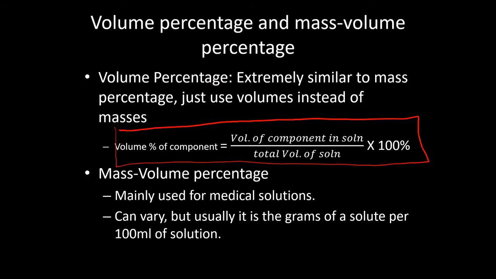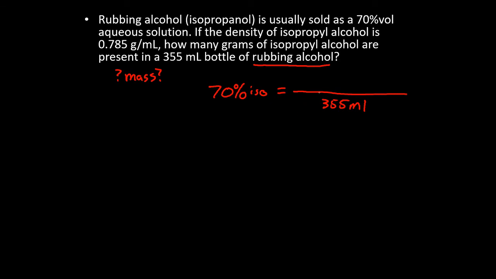The total volume of the solution goes down here. Then the volume of just the thing that we're looking for would be this part here. This would be the volume of isopropyl alcohol. Then we have it times 100%.